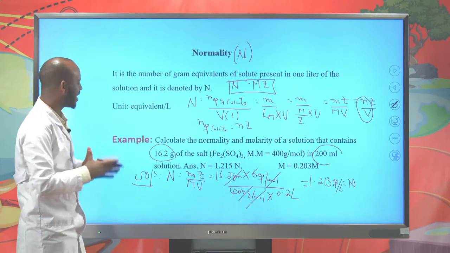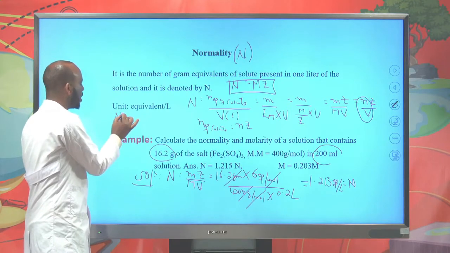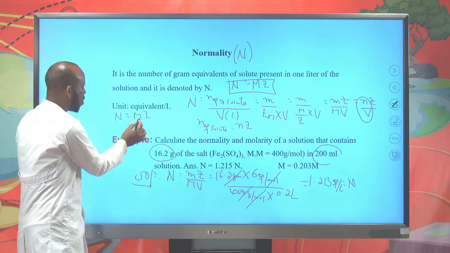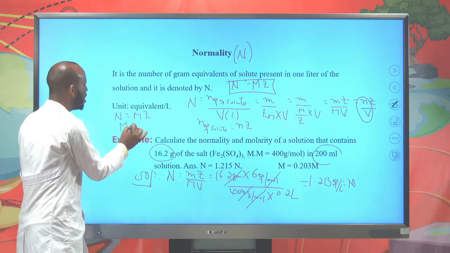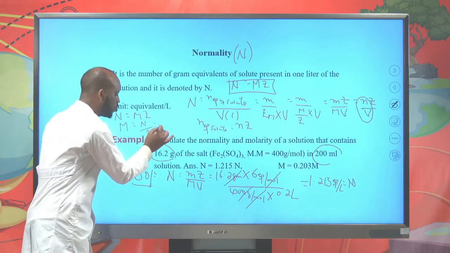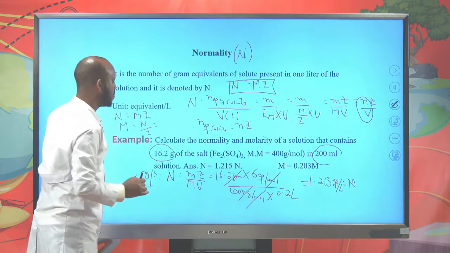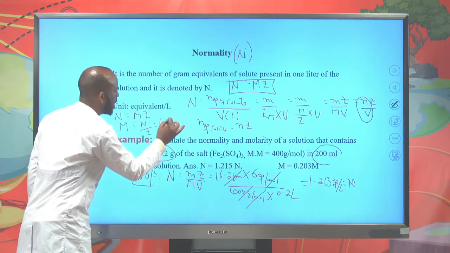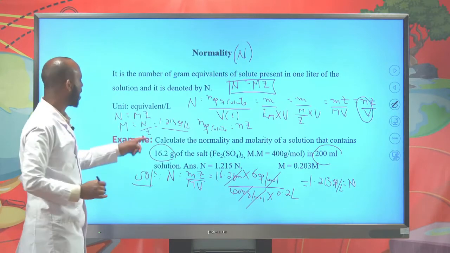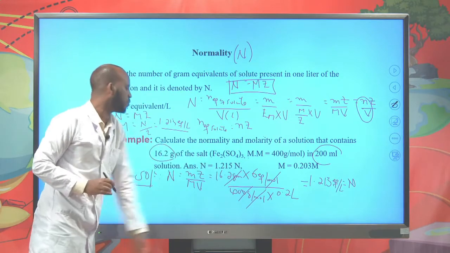As we said, the relation between normality and molarity is normality equals molarity times Z. From this, molarity of the solution equals normality divided by Z. Normality is 1.215 equivalent per liter, divided by Z, the total positive valence, which is 6 equivalent per mole.